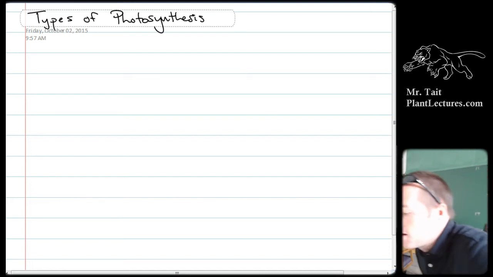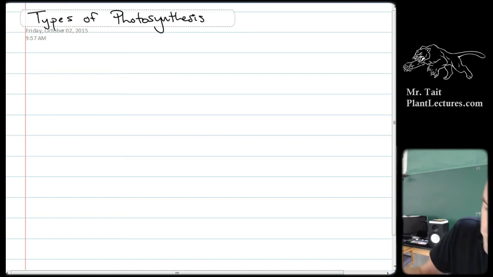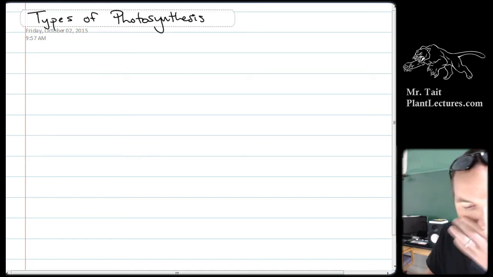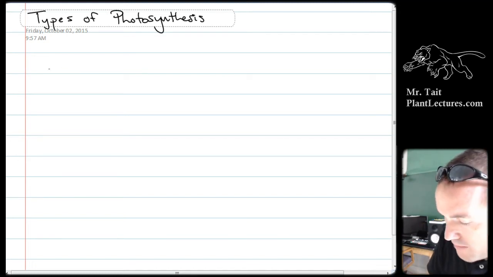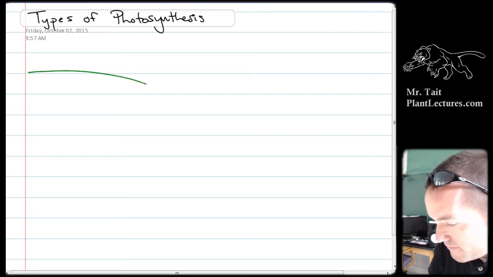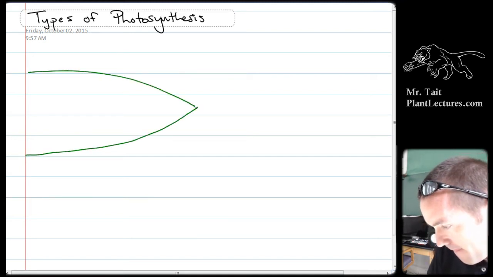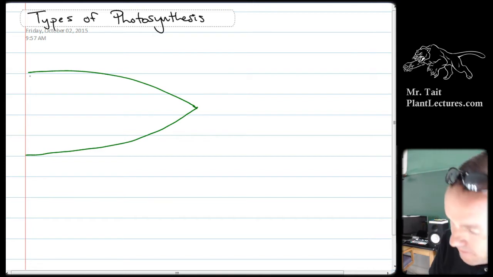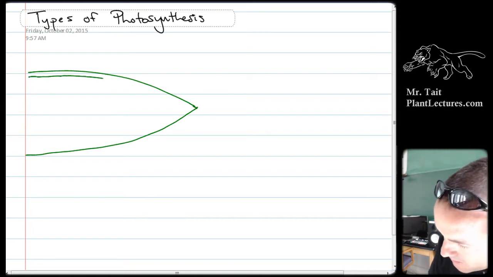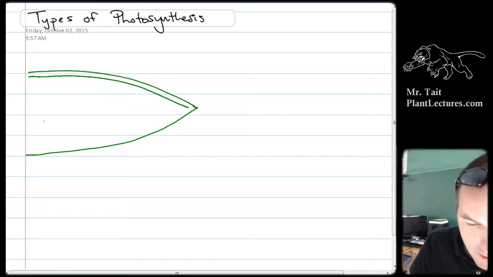So the first thing that we're going to do today is a little drawing. This is going to be totally rudimentary, but we're going to draw a leaf. So here's a leaf. On the outside of the leaf, you've got a layer of cells.